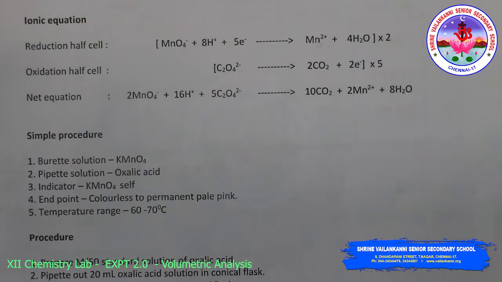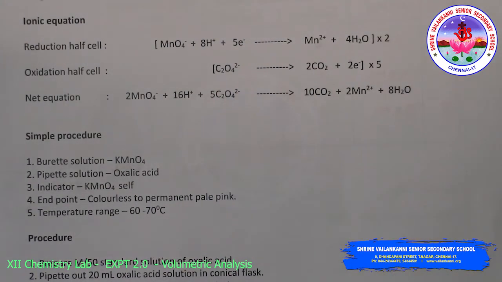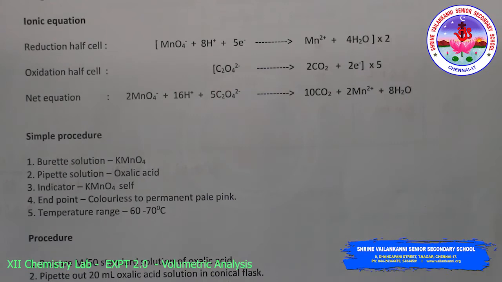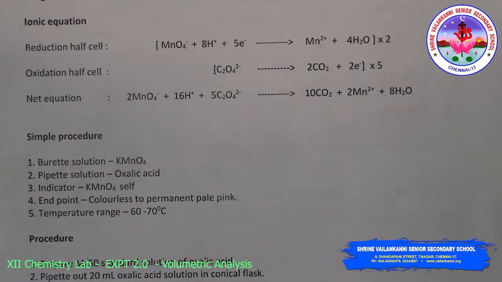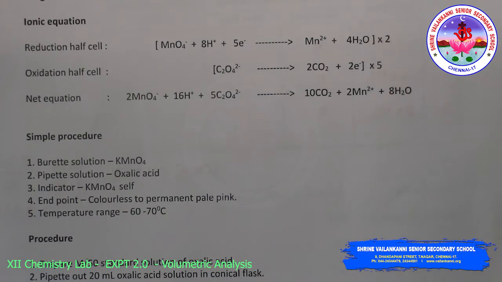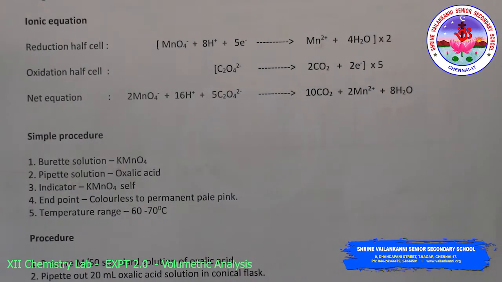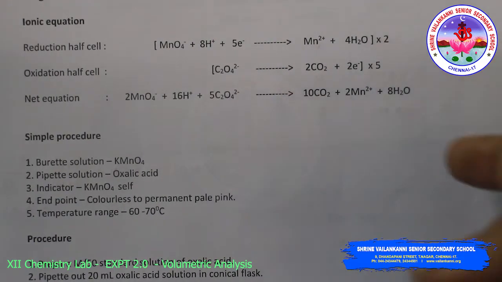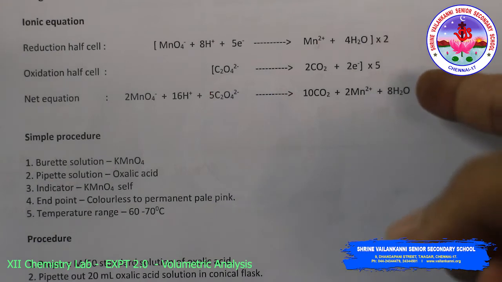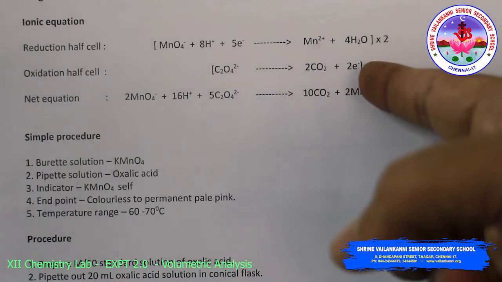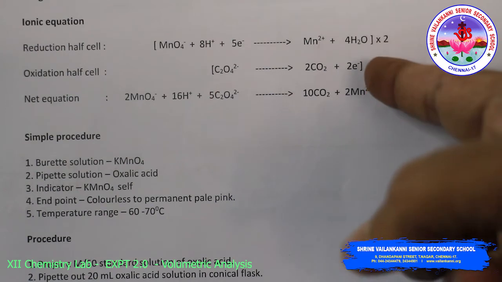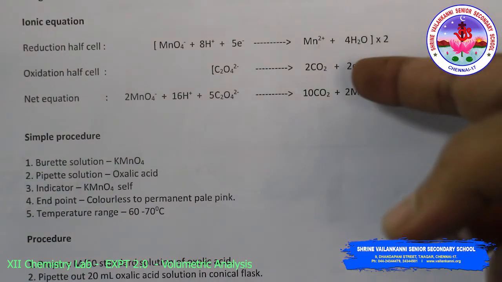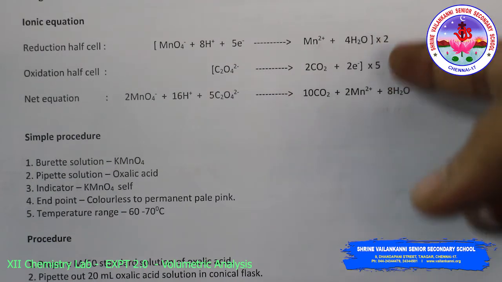Ionic equation, first the reduction half cell reaction: MnO4 minus, that is permanganate ion, plus 8H plus plus 5 electrons gives Mn2 plus plus 4H2O. Then the oxidation half cell reaction: oxalate ion C2O4 2 minus gives 2 CO2 plus 2 electrons. So to balance the electrons, you have to multiply the oxidation half cell by 5 and the reduction half cell by 2.